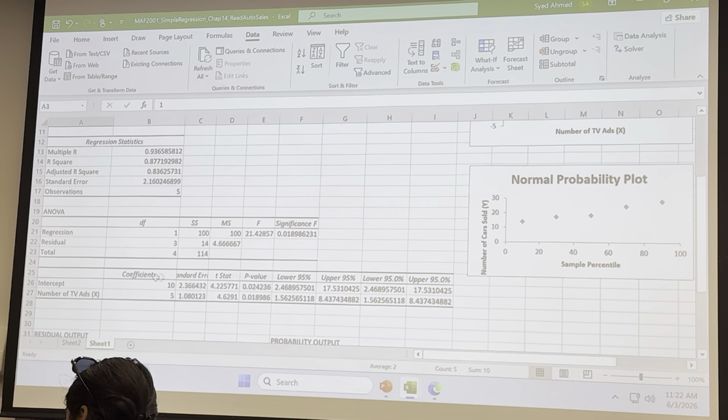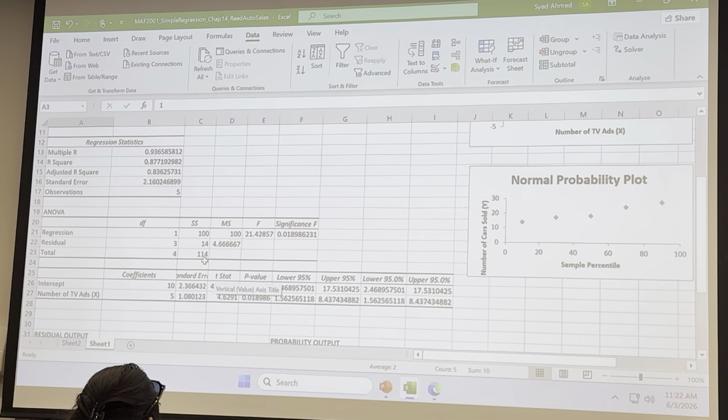And of the total sum of squares, how much you are able to get rid of by using the regression line. So when I take 100 divided by 114, I'm going to get, of the total variation, what percentage I was able to eliminate by having the regression relationship.